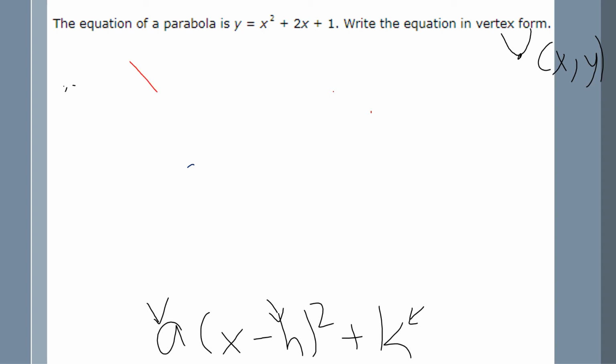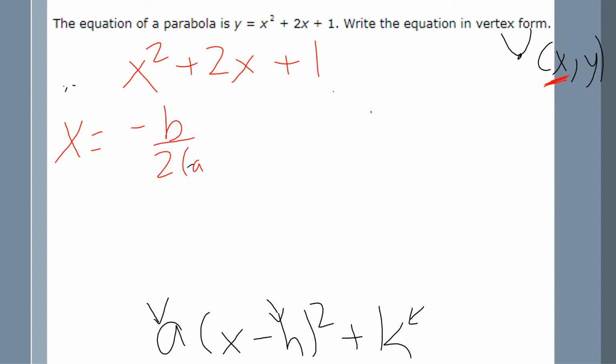So in this case, you're trying to find the axis of symmetry. And to do that, the axis of symmetry is the x coordinate of the parabola. x has got to be the opposite of b over 2a. So let's do it.